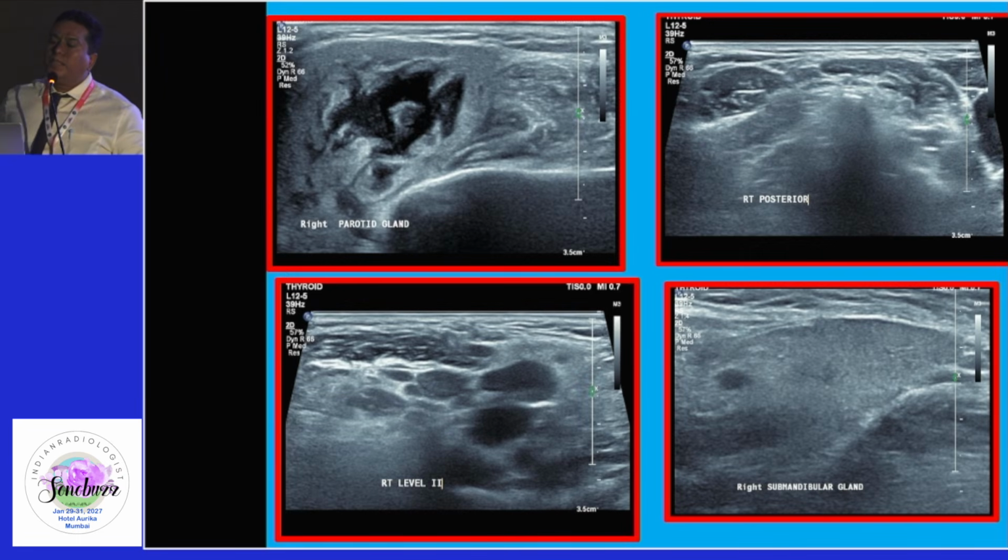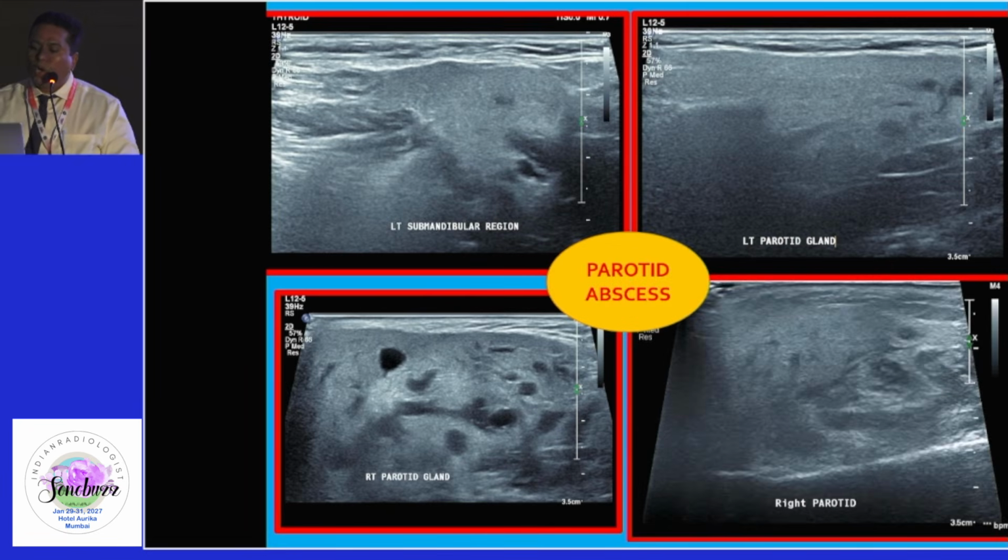But see this case, the patient was a diagnosed case of acute sialadenitis, but subsequently replacing this enlarged gland was a hypoechoic area with liquefaction seen within it. You see moving echoes within it, and when you see something like that, you know that this sialadenitis has undergone complication in terms of secondary abscess formation.